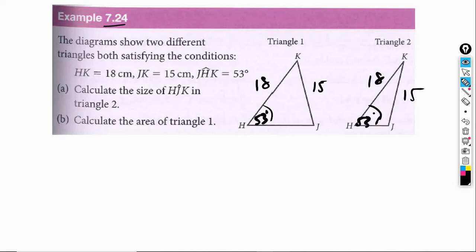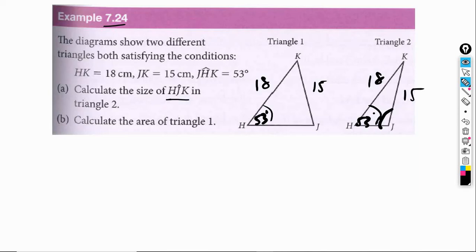Now it says calculate the size of HJK in triangle 2. So they want us to find this angle, HJK. To find that, we can use, of course, the law of sines, right?